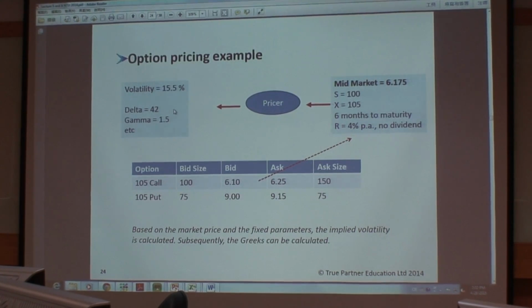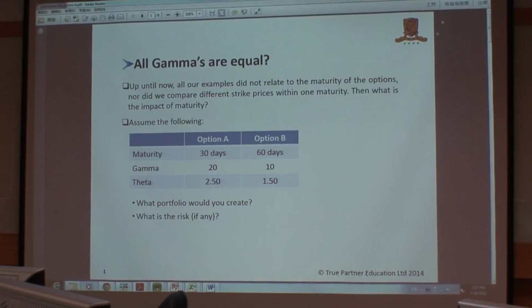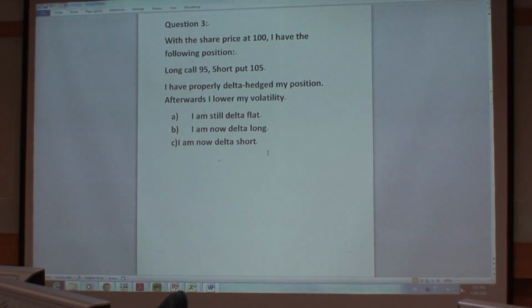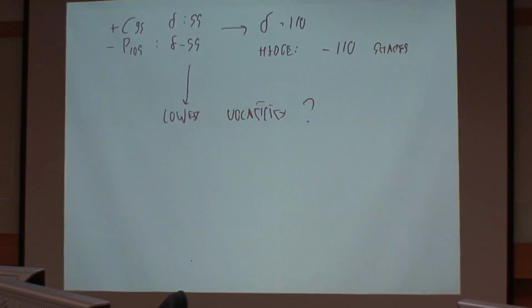If I lower my volatility and recalculate my delta, gamma and vega, they might have different numbers. That's what this question boils down to. I see that the market volatilities drop, so my previously hedged position might have changed characteristics. If I have a lower volatility, what happens to the delta of in-the-money options?